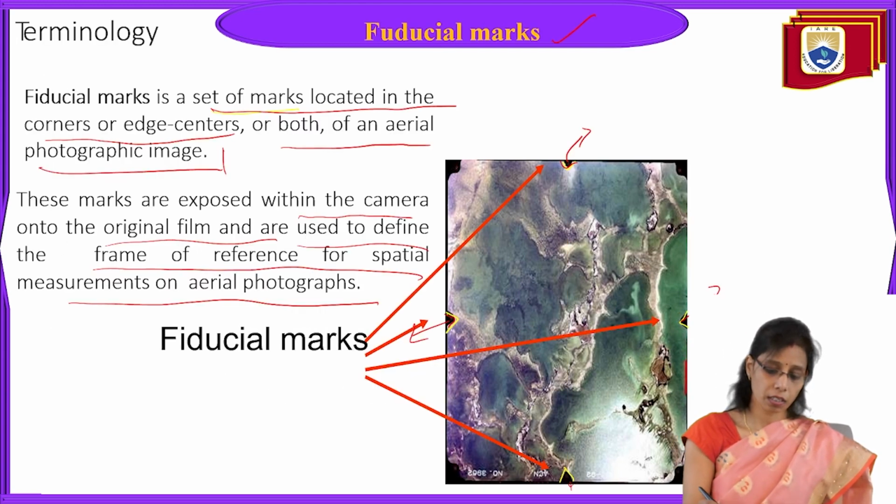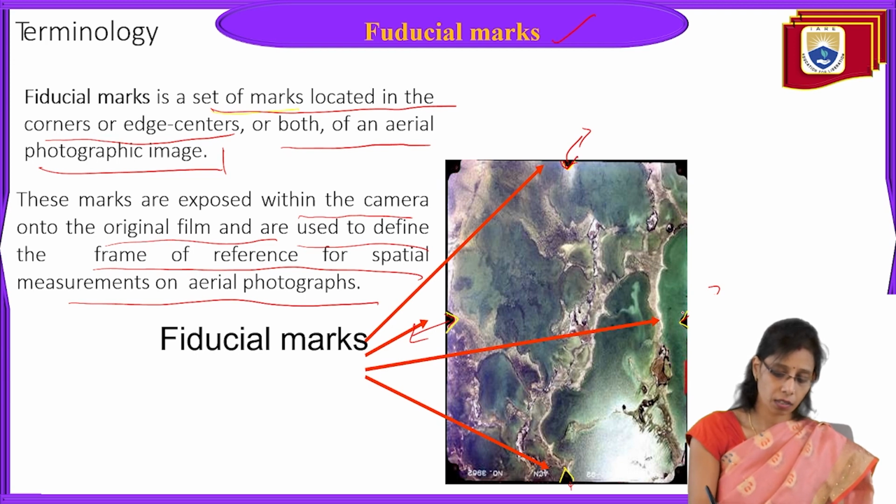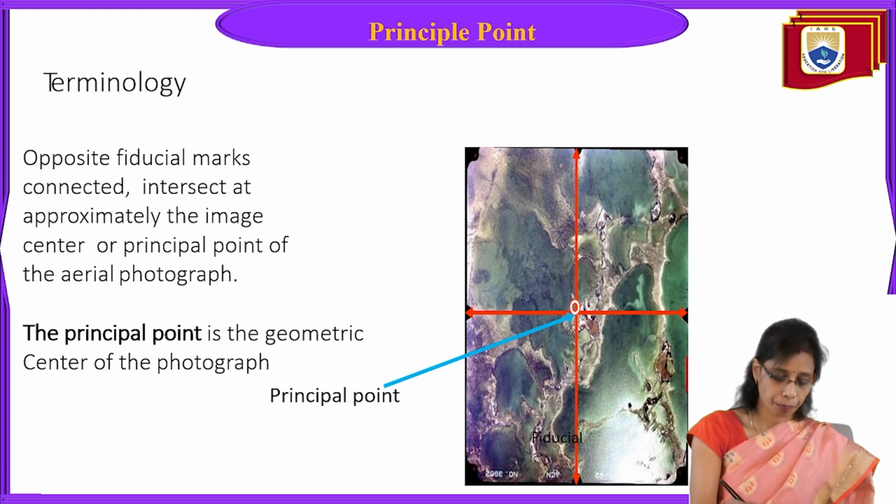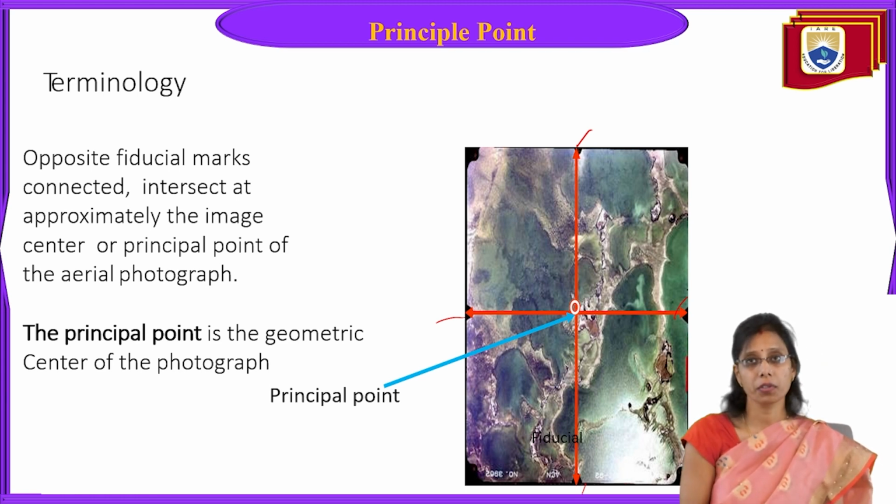As you have seen in the previous slide, you have fiducial marks here. Now in the same photo, you can see these 4 fiducial marks. How is the principal point obtained?